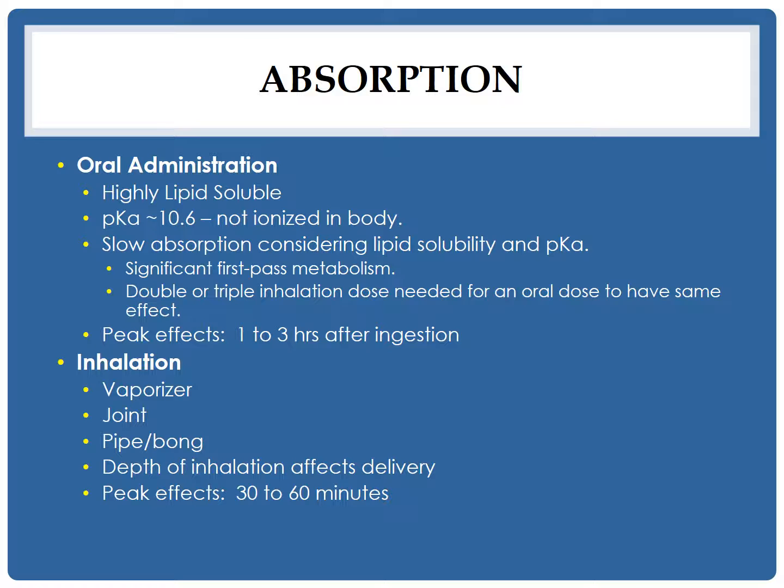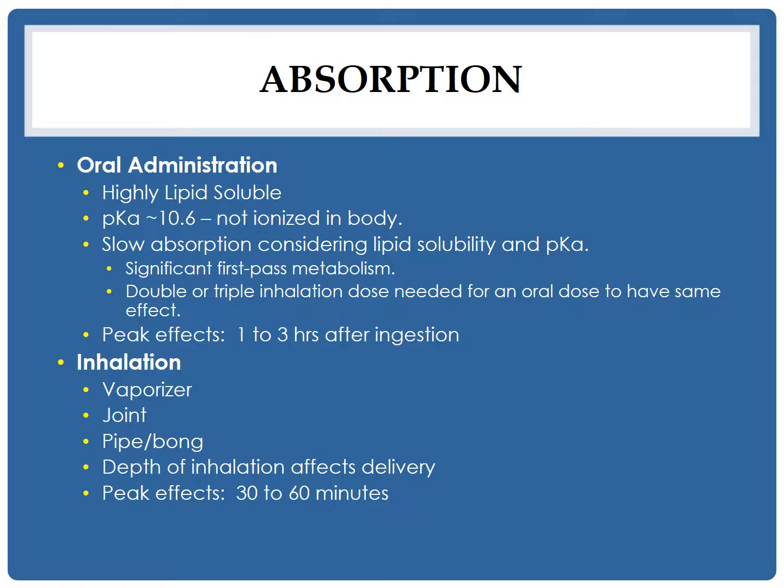So you have to add oil to the plant to aid absorption. The book mentions a synthetic pill that uses sesame oil to dissolve the THC. So this poor absorption just means it's pretty incomplete. There's lots of first pass metabolism, so quite a lot's metabolized before it gets into your body and can have any effect.